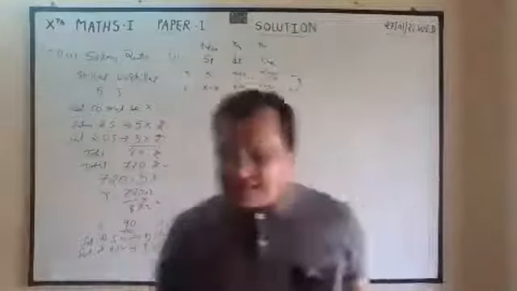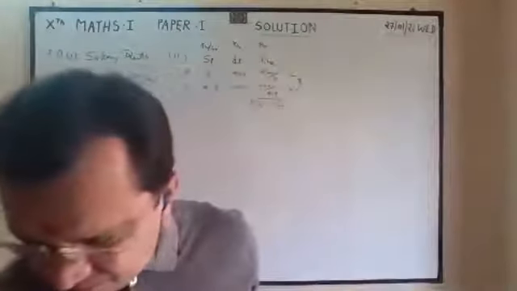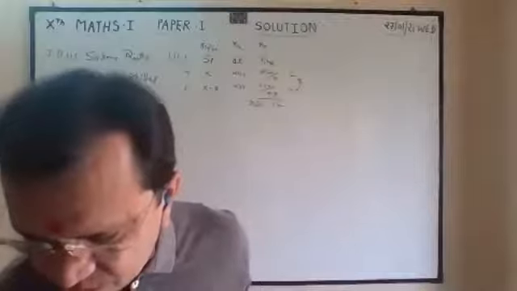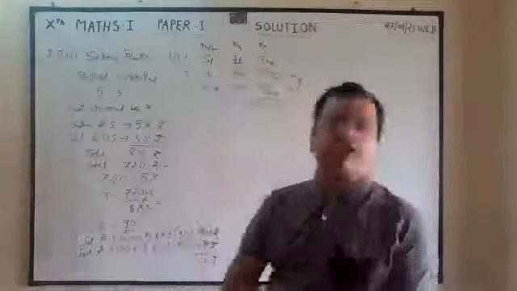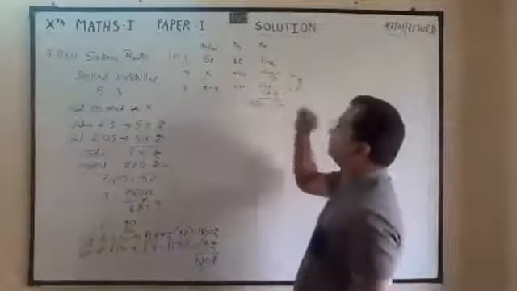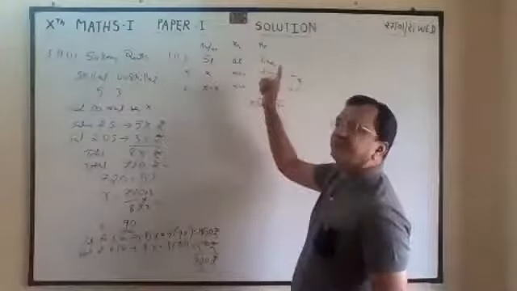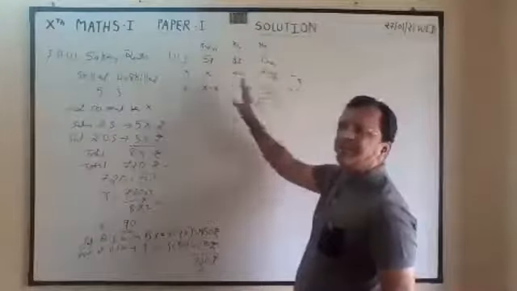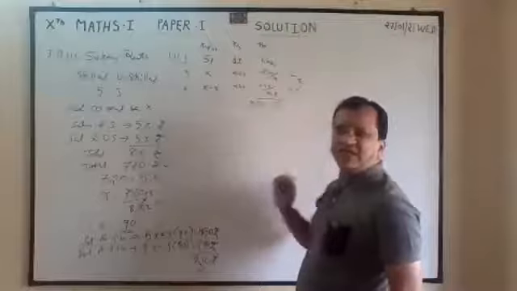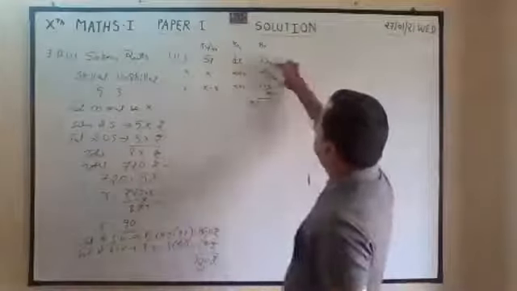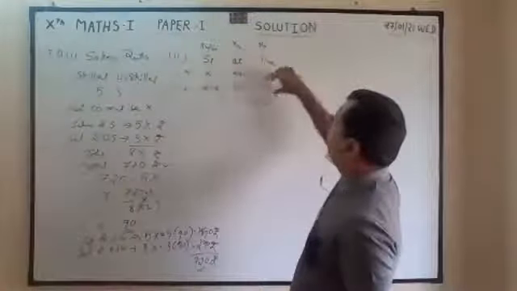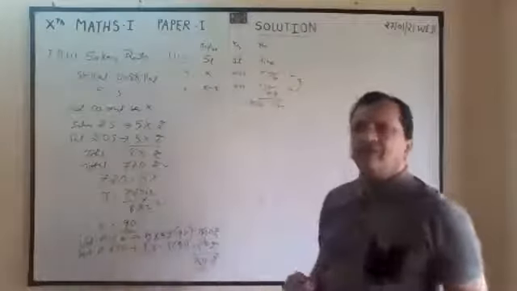Both the distances are given, 240 kilometers. From the speed and the distance, we will find out the time. First time, this much time it will get. In the second round, this much time it will get.